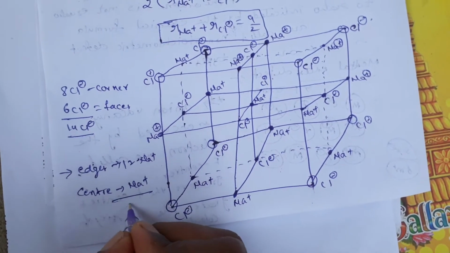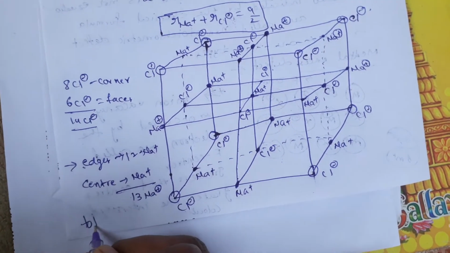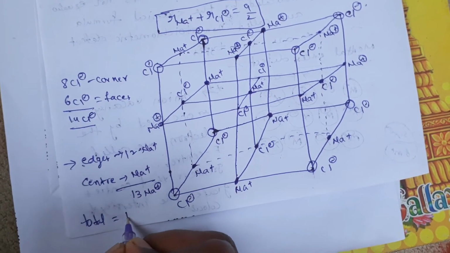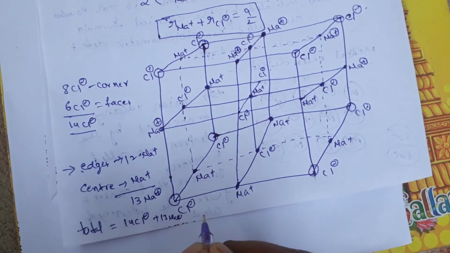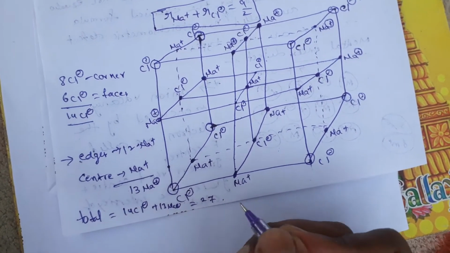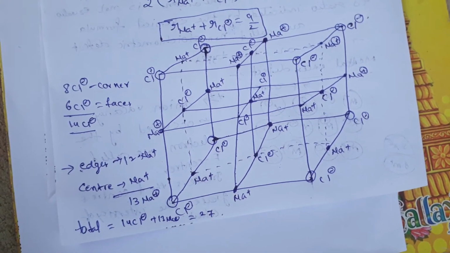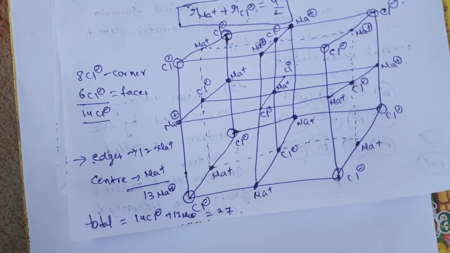So this total will give you 13 Na plus ions. So total atoms are 14 Cl minus ions plus 13 sodium plus ions is equal to 27 atoms total present in the sodium chloride structure. So this is about the sodium chloride structure.